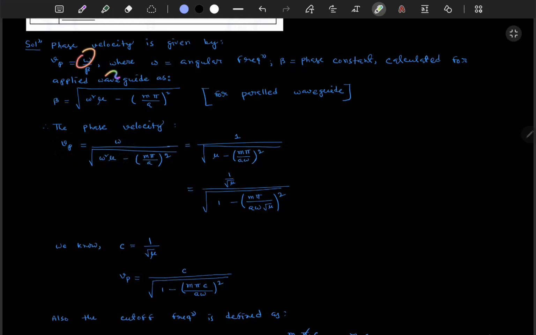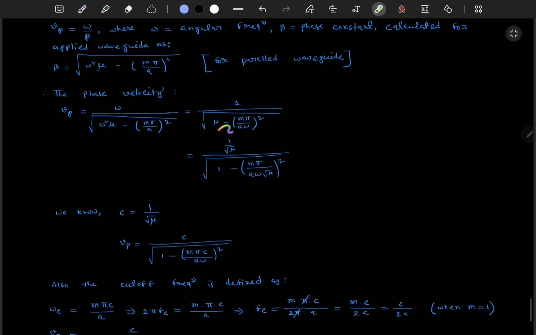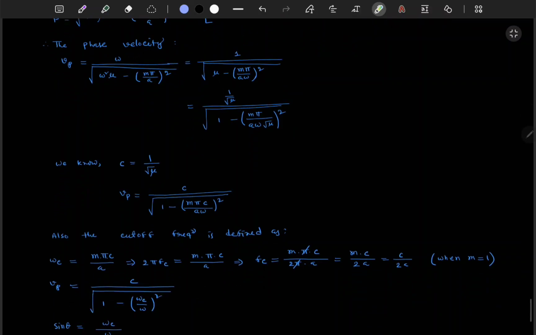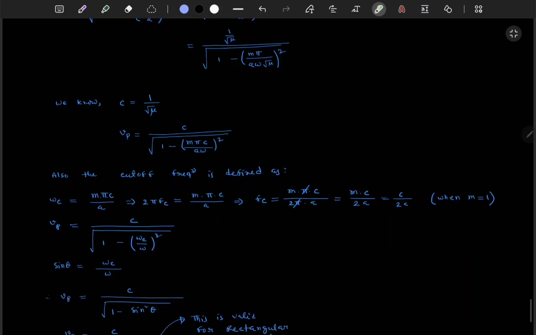This omega by beta is coming from here. Here we are dividing omega in the numerator and denominator both, and again root mu we are dividing in both numerator and denominator.